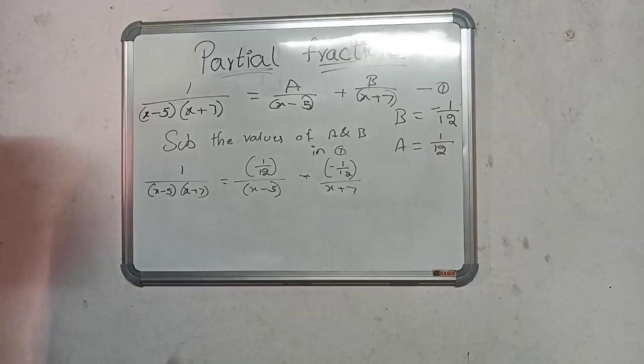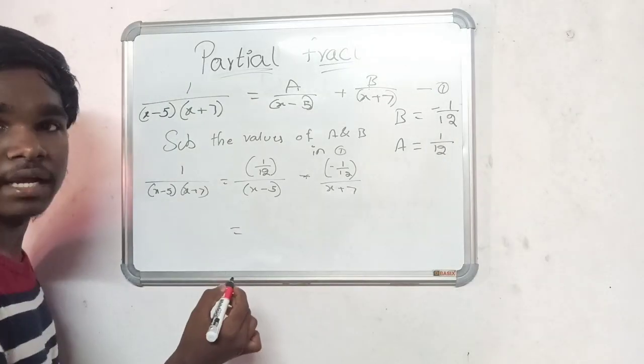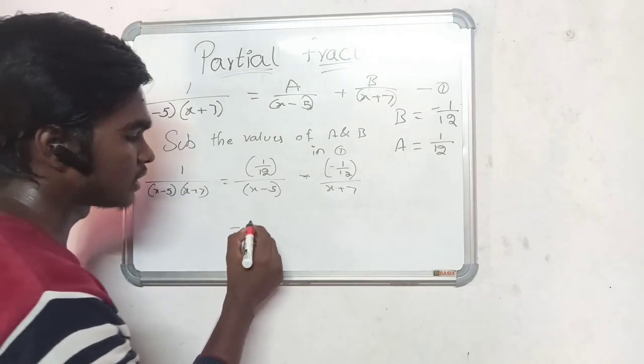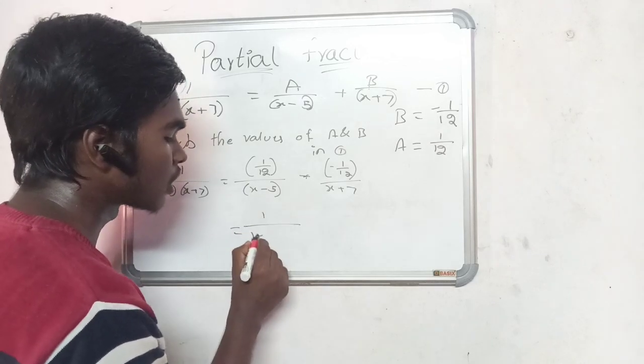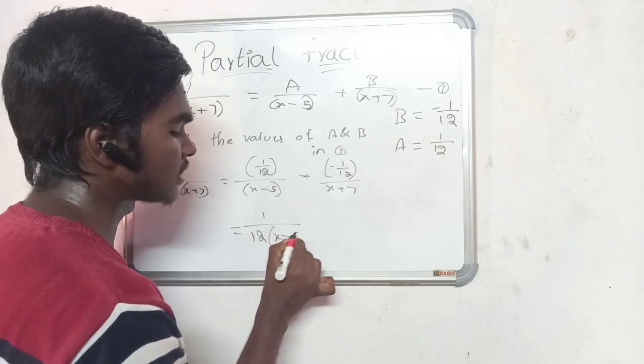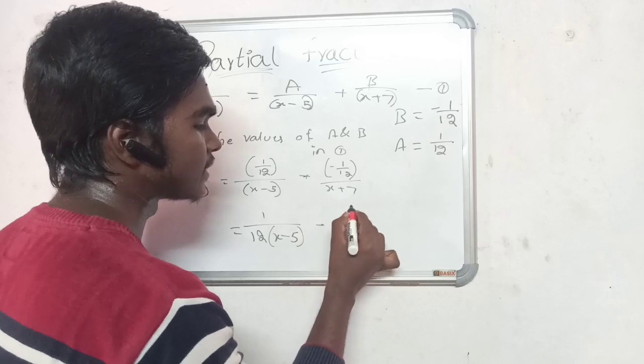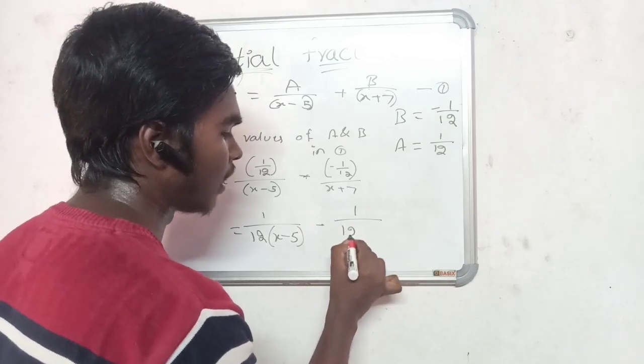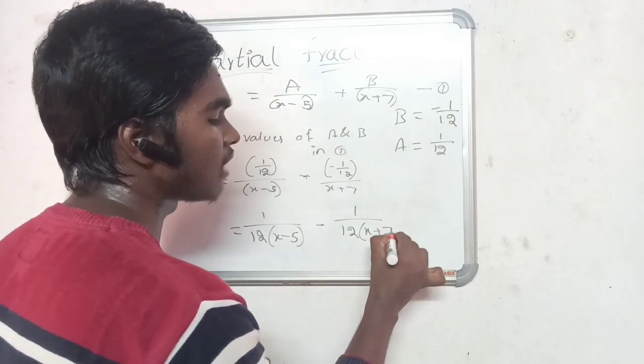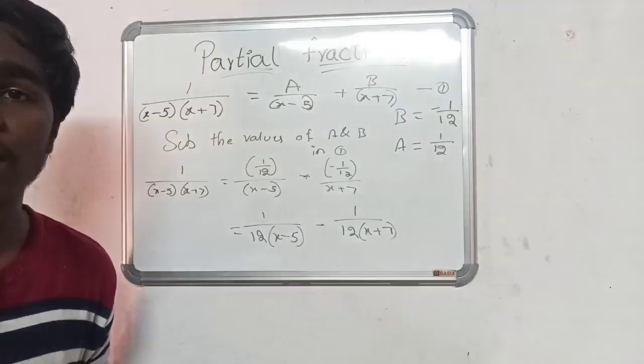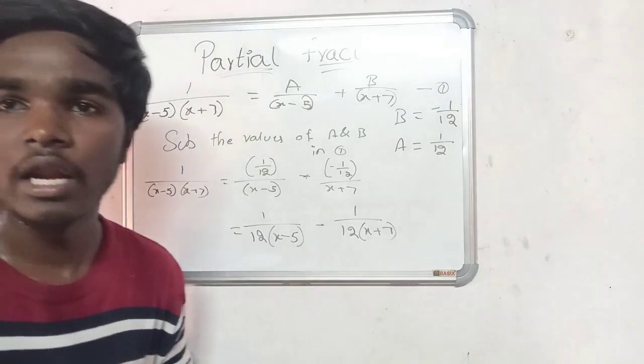Now we can write it as 1 by 12 into x minus 5 minus 1 by 12 into x plus 7. This is the first case problem.